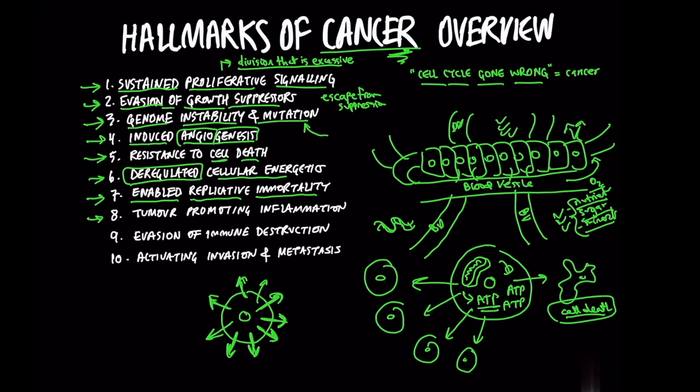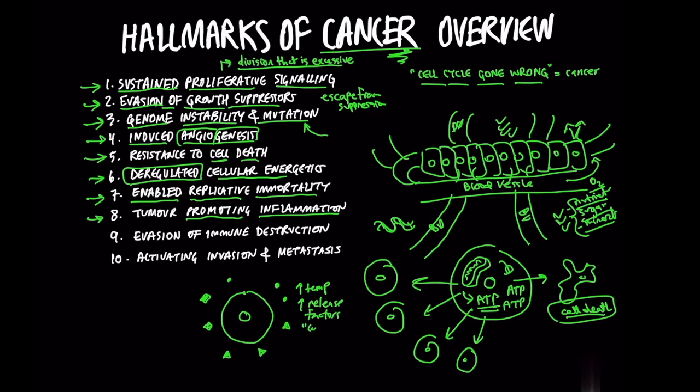Hallmark number 8 is tumor promoting inflammation. So if you consider a simplified cell, there is inflammation. Most may consider it on the macro level, but on the micro level it is these molecules, each of them differently shaped, that are outside of the cell and help promote this inflammation, so increase in temperature, let's say increased release of factors, and these factors are typically called cytokines.